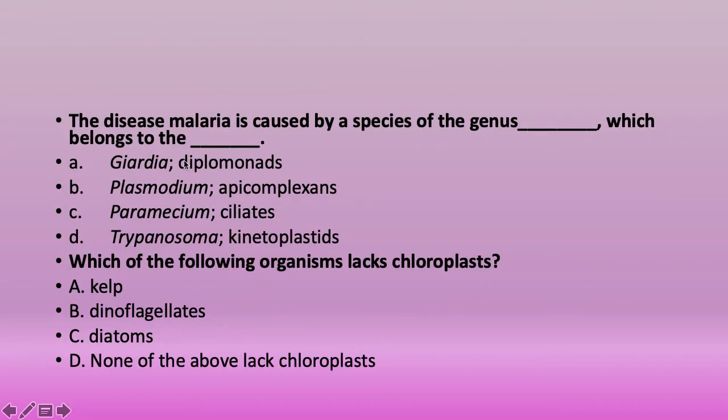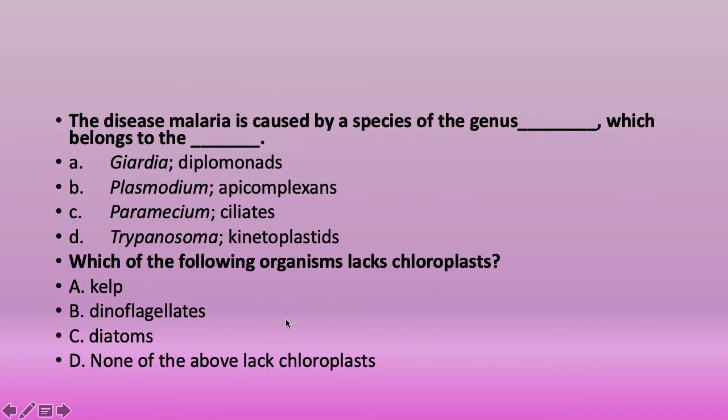More review questions. The disease malaria is caused by a species of the genus blank, which belongs to the blank. So malaria is an Apicomplexan caused by Plasmodium. Which of the following organisms lacks chloroplast? D. None of the above lack chloroplast.